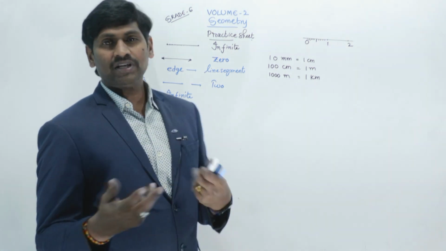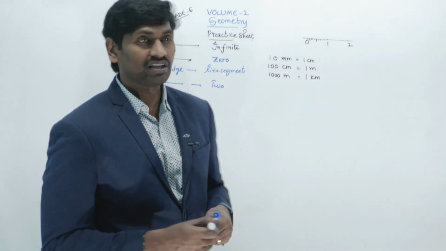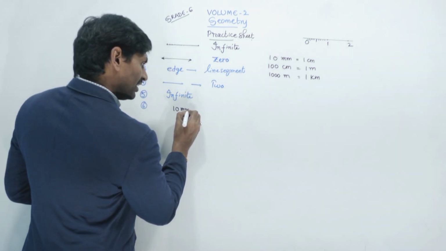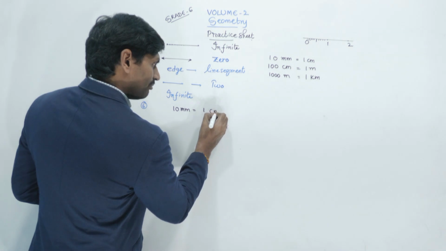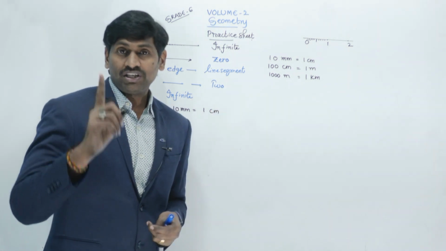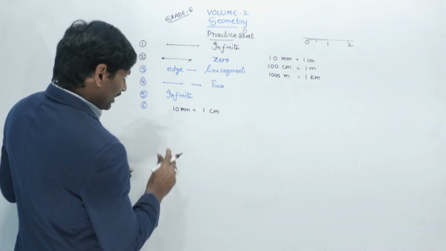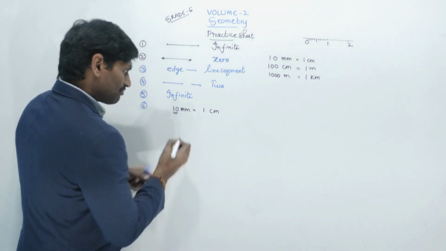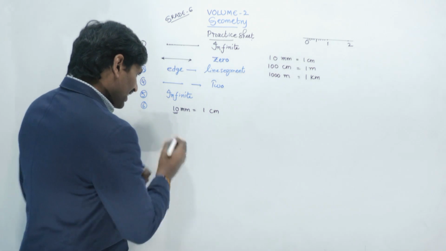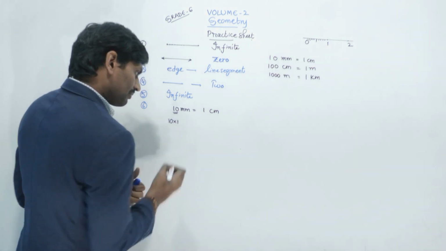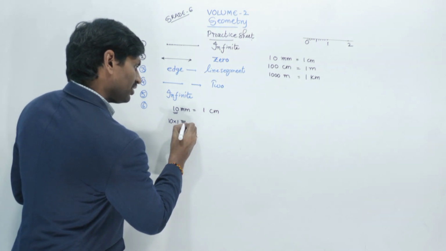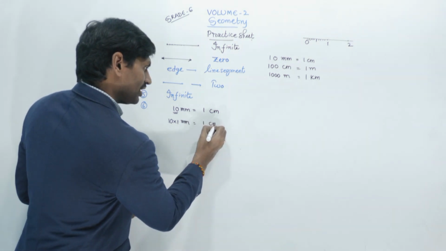Is a millimeter bigger or a centimeter bigger? Let us see. We know that 10 millimeters equals 1 centimeter, but we want only 1 millimeter. So this 10 is multiplying. I can write 10 into 1 equals 1 centimeter.